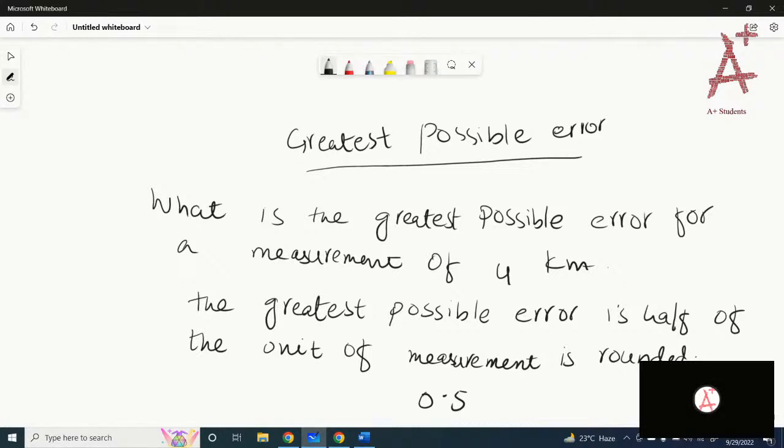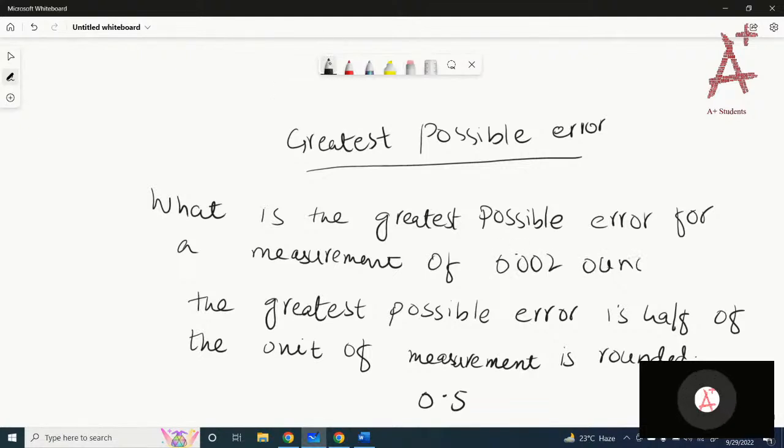Okay. Now let's do another example. What is the greatest possible error for the measurement of 0.02 ounces? Okay, now it's not a whole number. It's a decimal value.